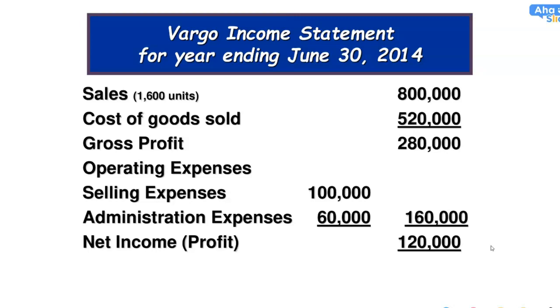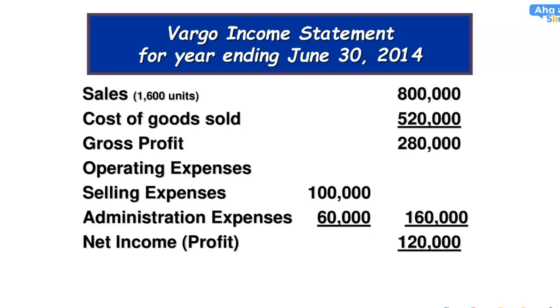Now, you would recognize this, of course, from your financial accounting course. This is the way an income statement is presented to the outside world so that people will understand what has been going on in the company, or at least get an idea of what's going on in the company, and determine the profit. So this format follows generally accepted accounting principles, and for financial accounting purposes, it's perfect.